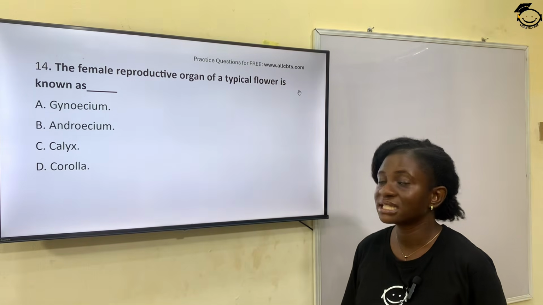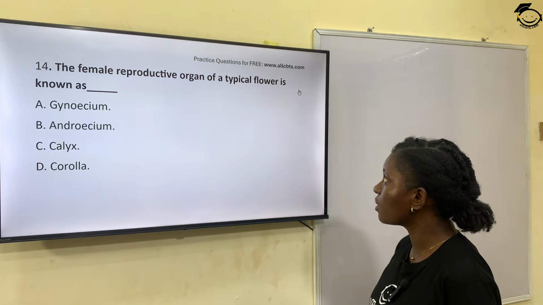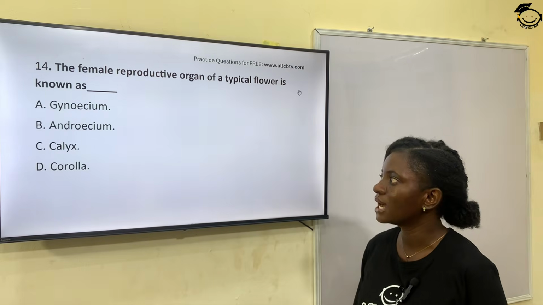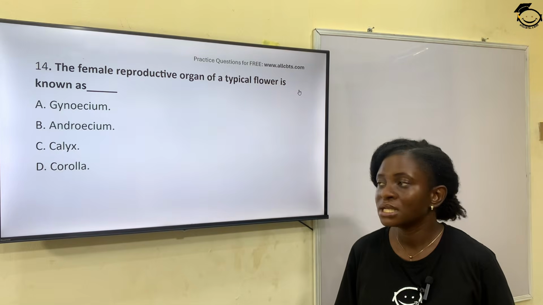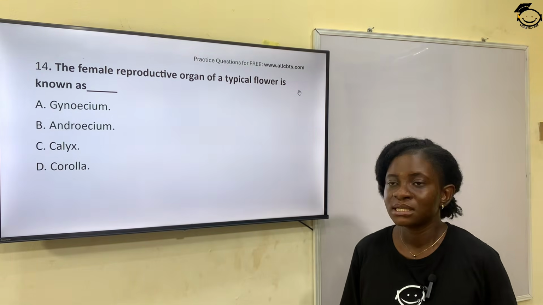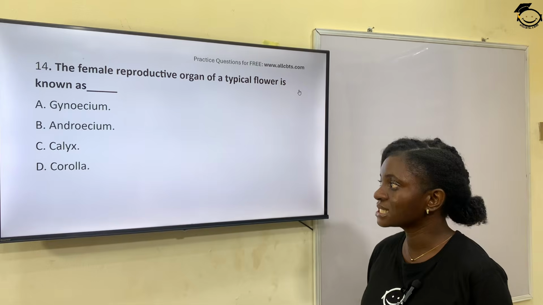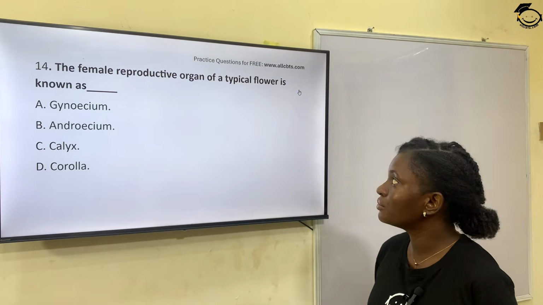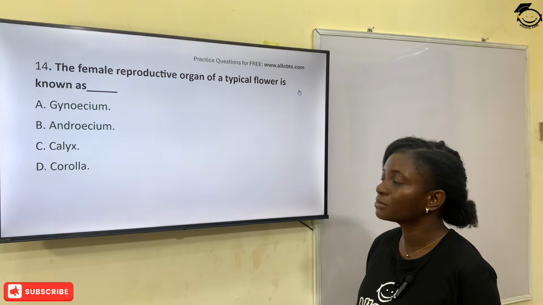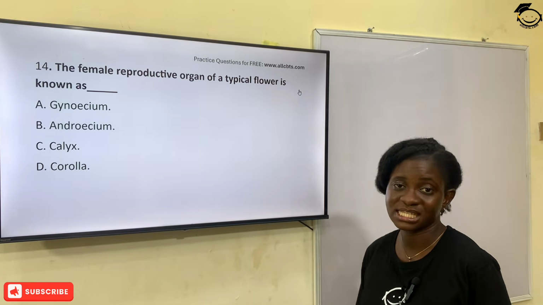Question 14. The female reproductive organ of a typical flower is known as A. Gynoecium, B. Androecium, C. Calyx, D. Corolla. So the female reproductive organ of a typical flower is known as a gynoecium.